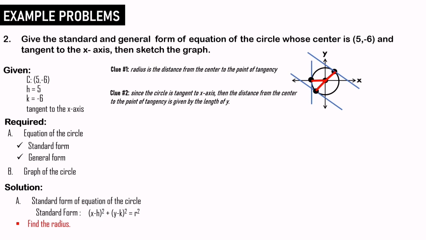Okay, let's have clue number 2. Since ang circle kay tangent man sa x-axis, then ang distance from the center to the point of tangency kay given sa unsa man hinggatas-on sa ato ang y. Na imagine, so kung naa tay circle, for example, nya tangent siya sa x-axis, so unsaon man pagkuha sa length sa radius.